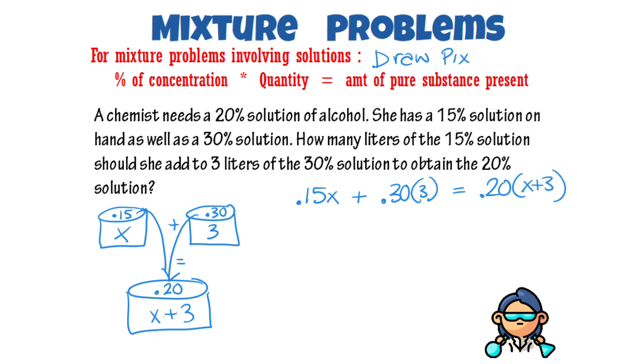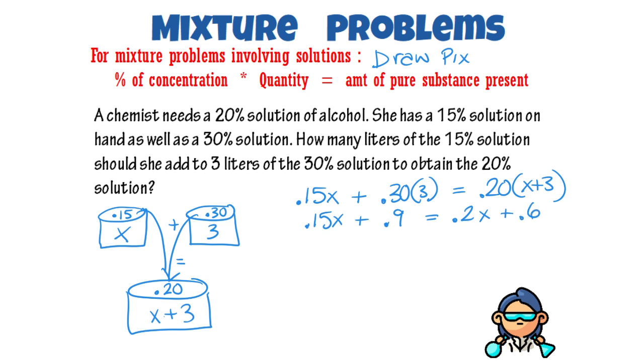There's your equation. Let's go ahead and clean it up a little bit. 0.3 times 3 is 0.9. Distribute. I can have the 0 or not. It doesn't matter. 0.2 times 3 is going to be a 0.6.